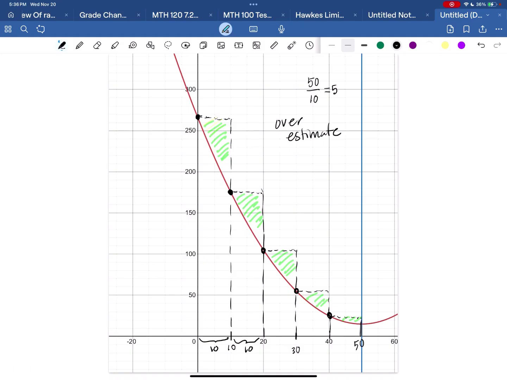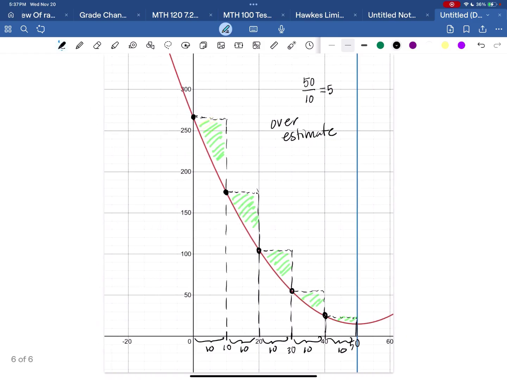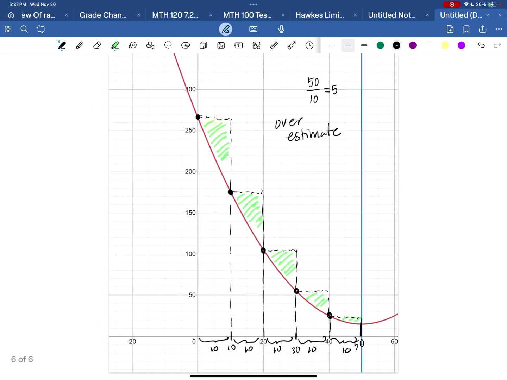All right, and remember we're just doing length times width. Okay, and the height, or if the width is 10, then this length is this taller part right here. And that's the function value there, there, there, there, and there.